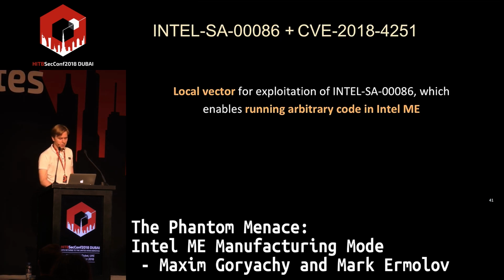By exploiting this vulnerability, an attacker could write an old version of Intel ME to memory without needing an SPI programmer or access to a jumper, in other words, without any physical access to the computer. Thus, a local vector is possible for exploitation of Intel SA-00086, which enables running arbitrary code in ME.